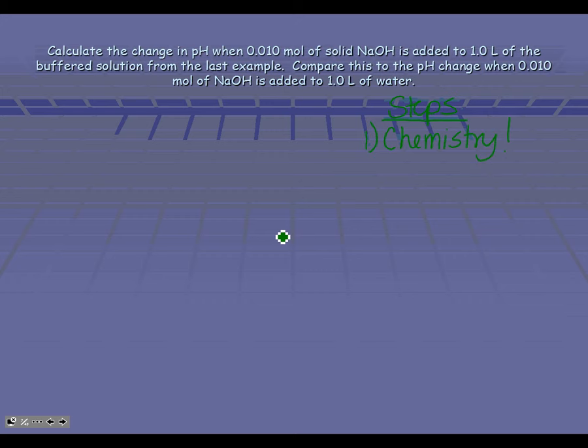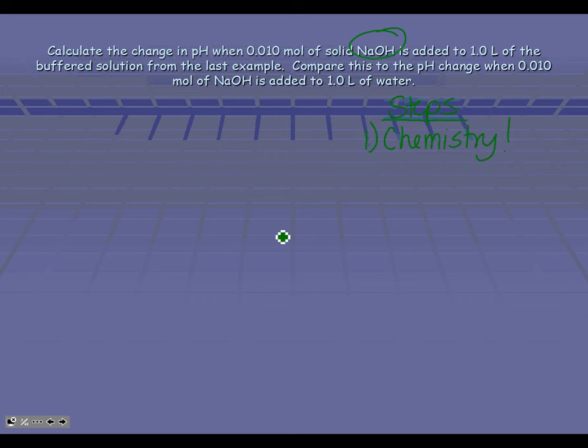When I add that strong base, what part of my buffer solution is it going to react with? Is it going to react with my weak acid, or my conjugate base? It doesn't make any sense for a base to react with a base. That's never going to happen. So it is going to be absorbed by the weak acid.